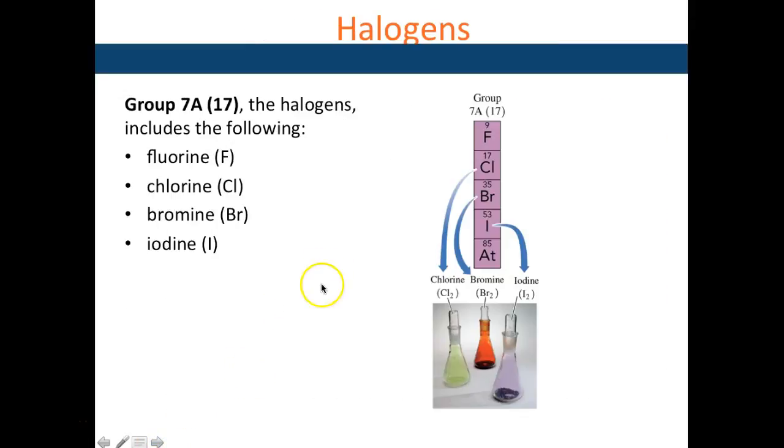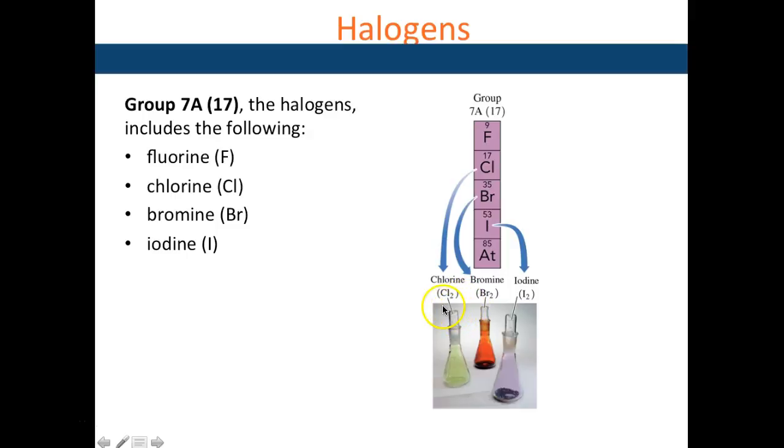Right, and here you have the halogens, group 7. As you can see here, you have chlorine, which is this greenish yellow color, bromine, which is reddish brown, and then iodine, which is a solid. It's put into tincture of iodine, and it's an antiseptic. And they are very reactive. These nonmetals are very reactive.